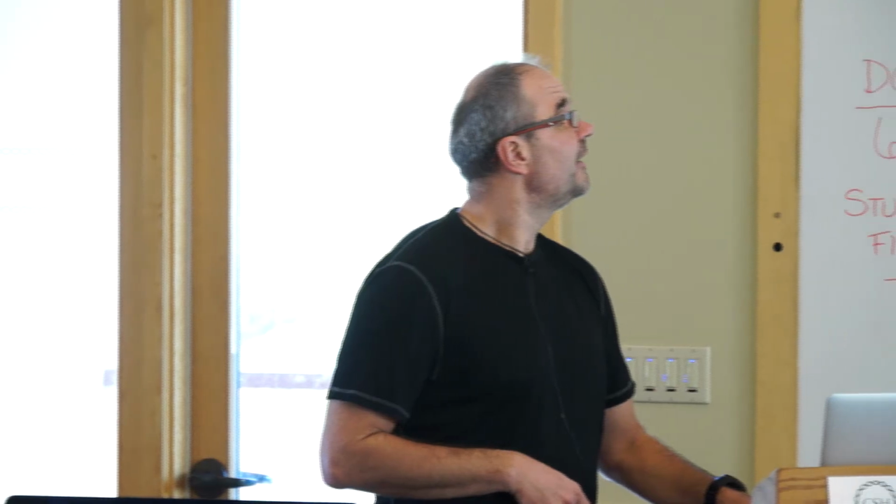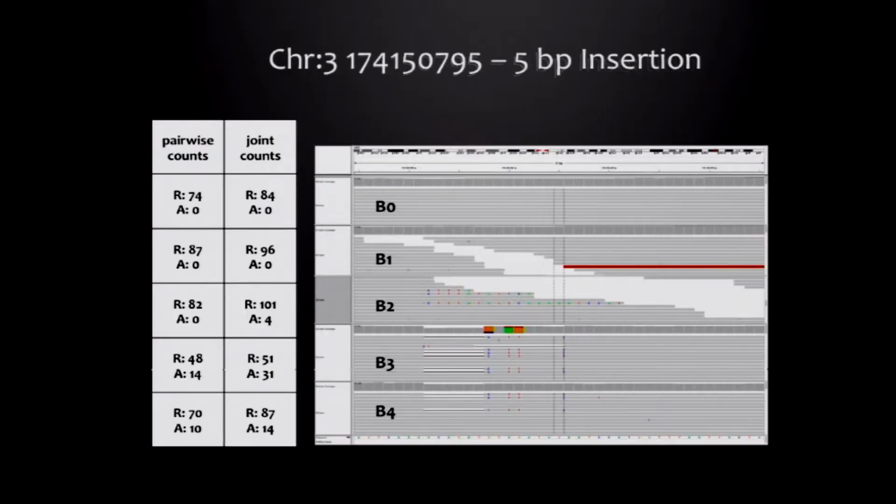I can show you, for example, a situation with a 5-base pair insertion, where pairwise calling detected this variant here. What you see here is how many reads report the reference allele versus the mutant, the alternate allele.